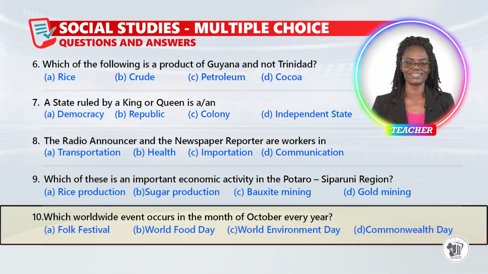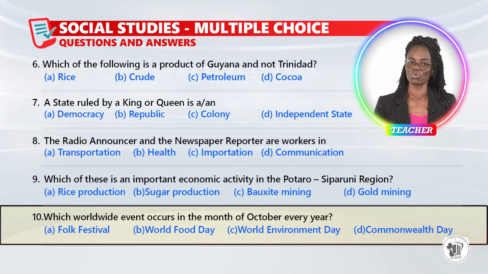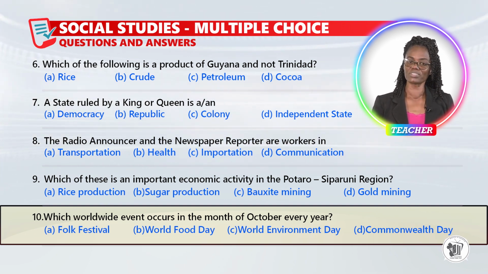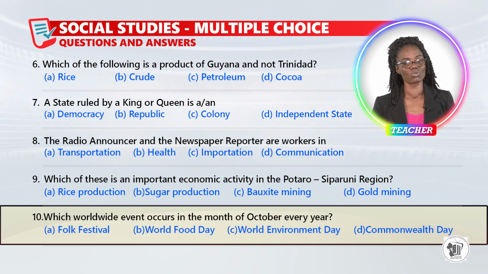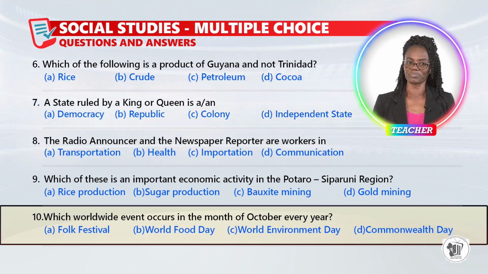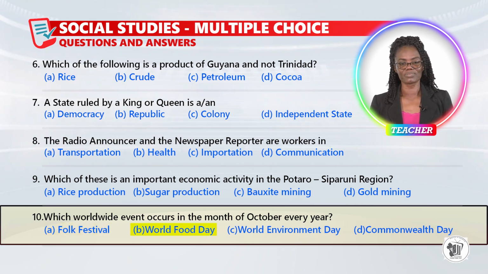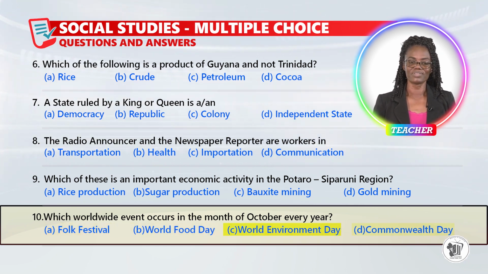Question 10. Which worldwide event occurs in the month of October every year? A, B, C, or D?